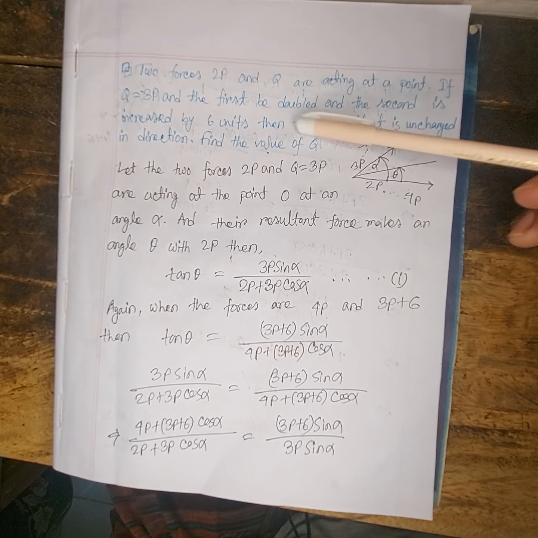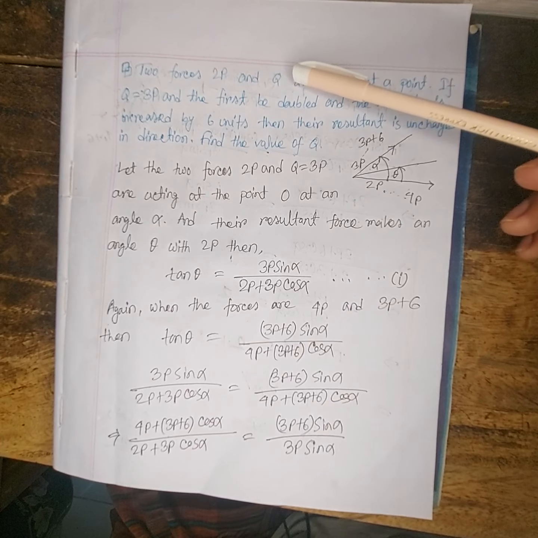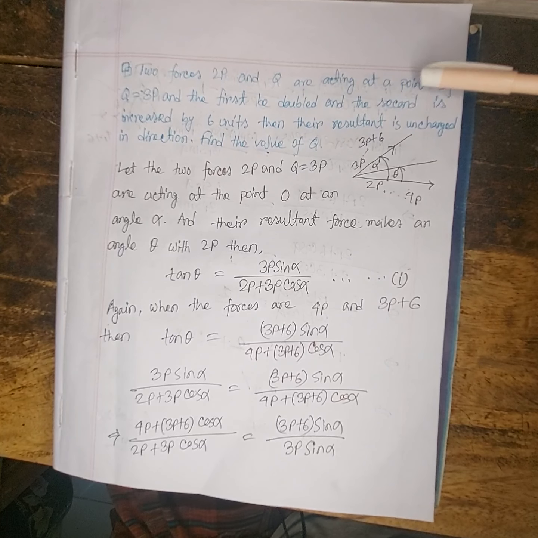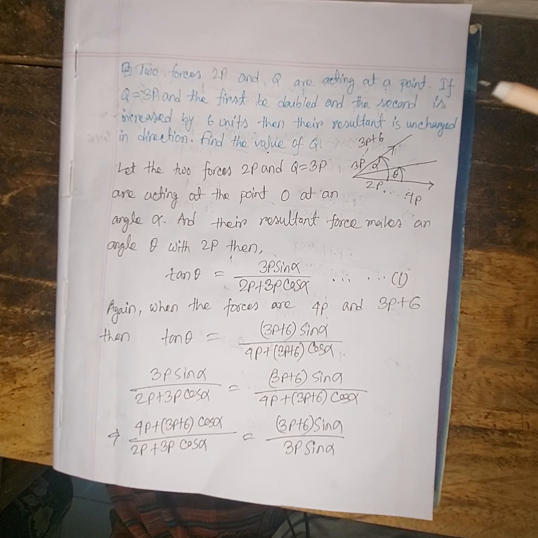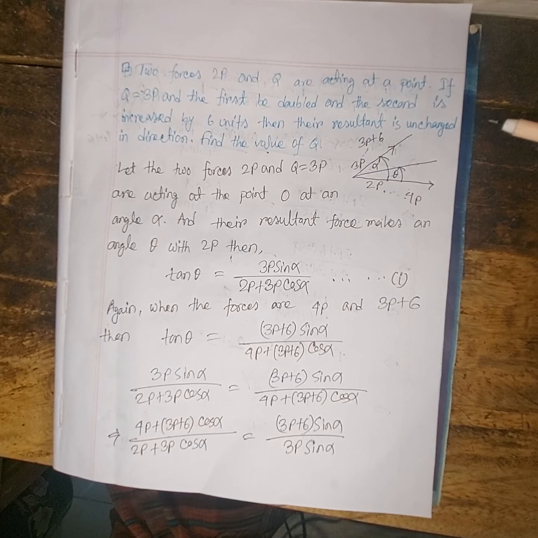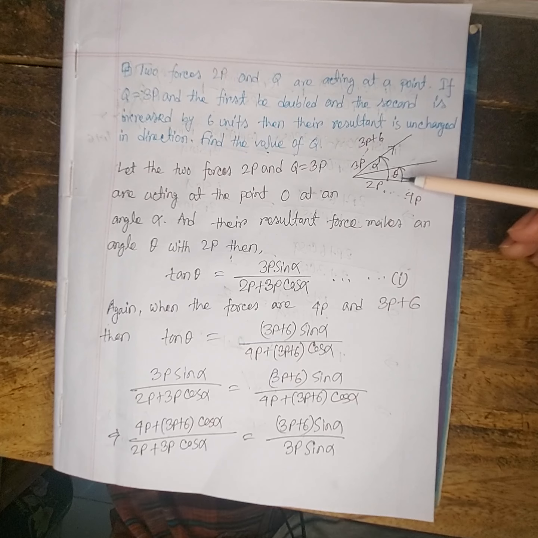The first problem is: two forces 2p and q are acting at a point. If q is equal to 3p, and the first is doubled and the second is increased by 6 units, then the resultant is unchanged in direction. We have to find the value of q.